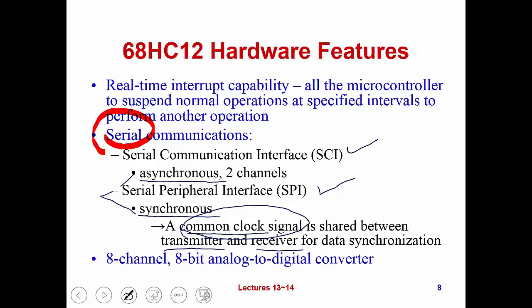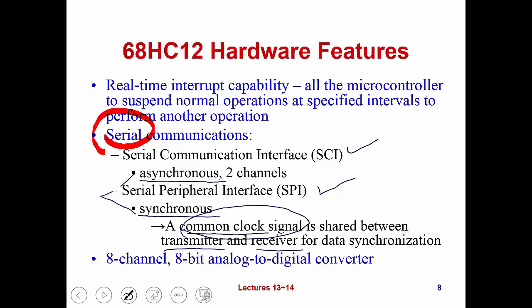Now for asynchronous, it's not. The sender and receiver do not share a time clock. In other words, the receiver will not know at what time the sender will send. So how can they get synchronized?